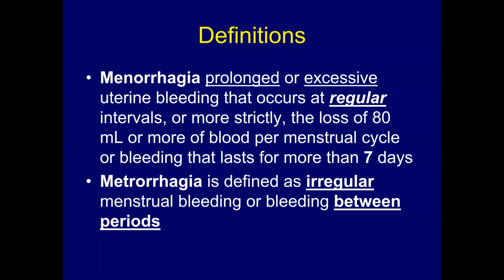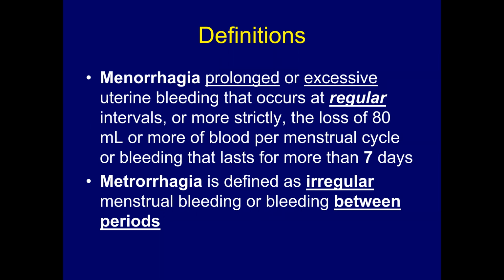So if we say you have a longer cycle or you have an excessive cycle, so could be days, could be amount. Both of them count for menorrhagia. At the end, they're losing more blood.